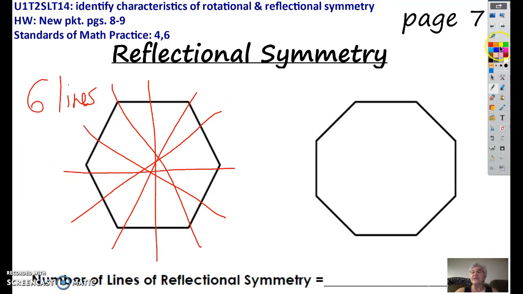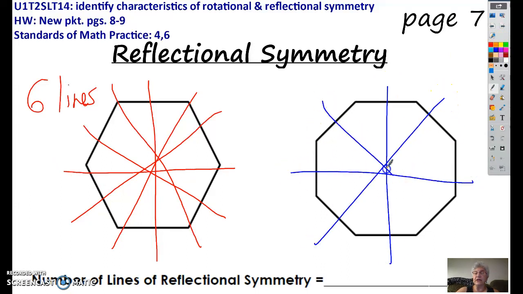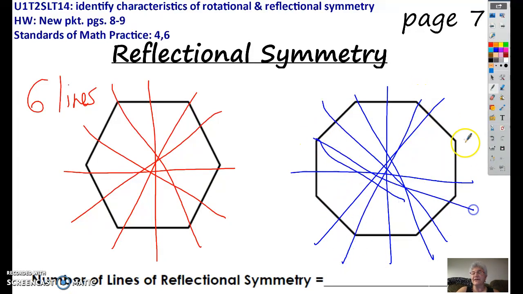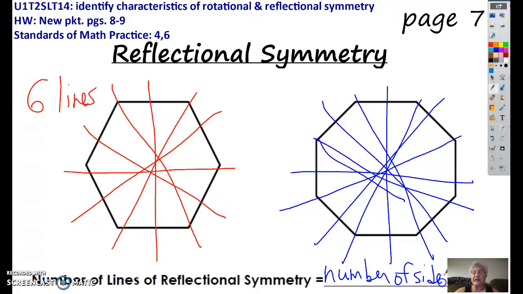And our octagon is going to have 1, 2, 3, 4, 5, 6, 7, 8. So the number of lines of reflectional symmetry are going to be the same as the number of sides. And remember, this is for a regular or equal-sided polygon.